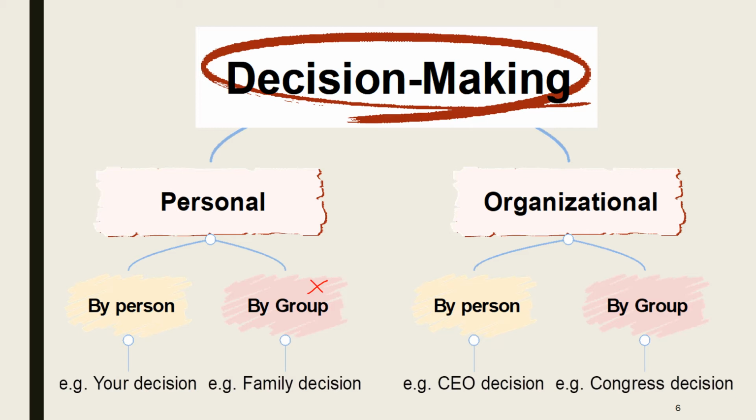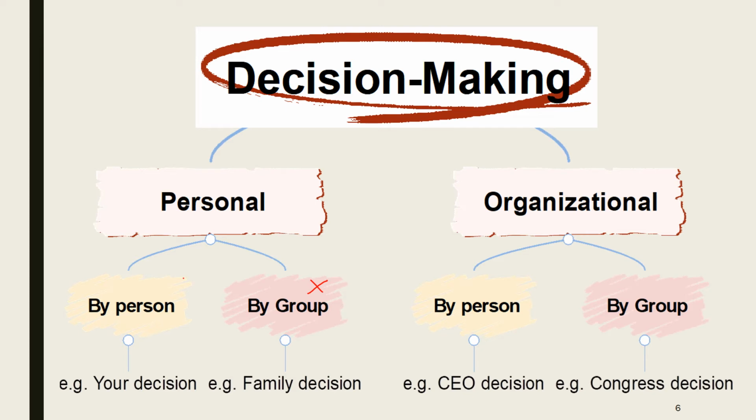It's something like your trip, whether to go on this trip or not, but the decision will be made by your family in addition to you. It's not only you. So in this case, it's a personal decision-making problem decided by a group.